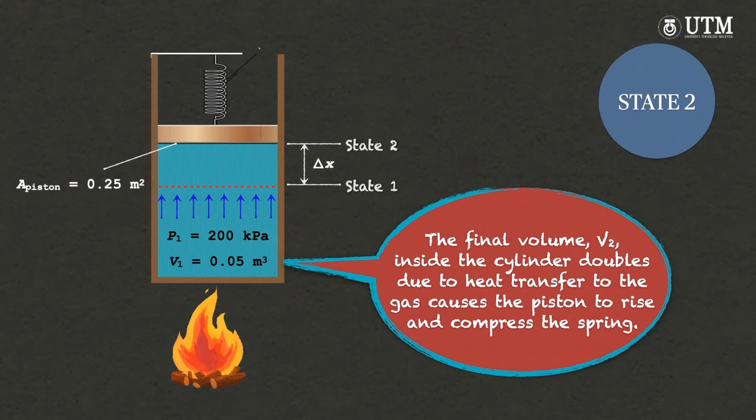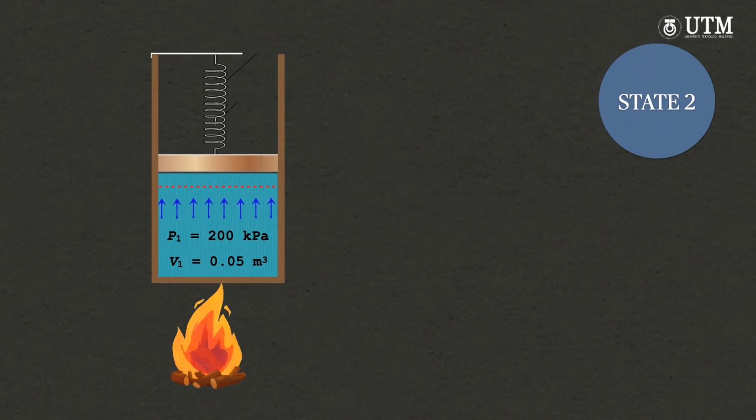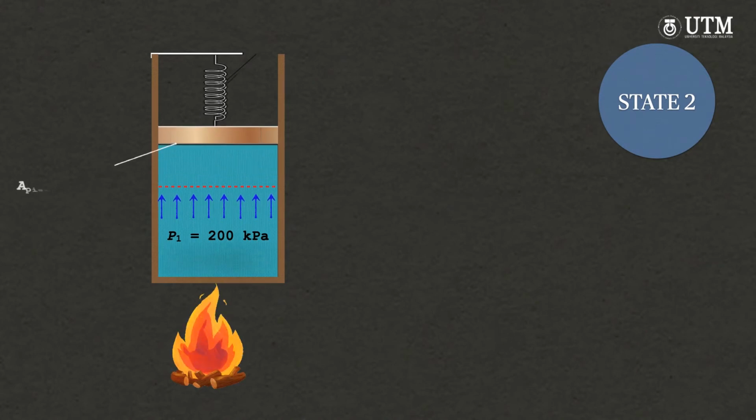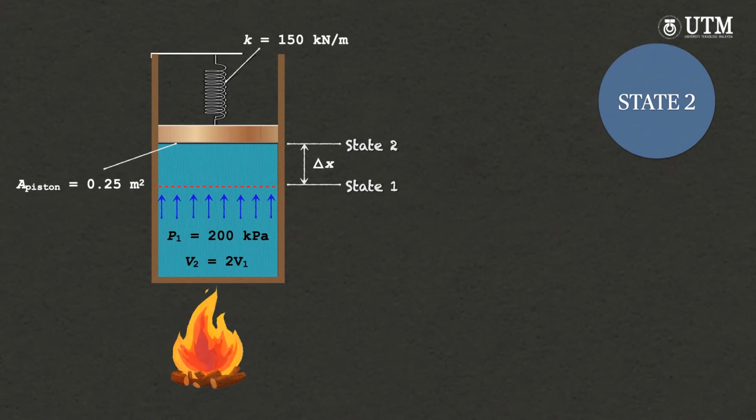This can be demonstrated here. Therefore, V2 equals 0.1 cubic meter.